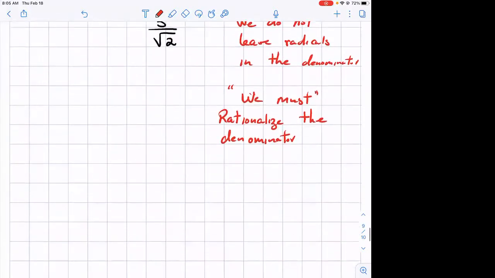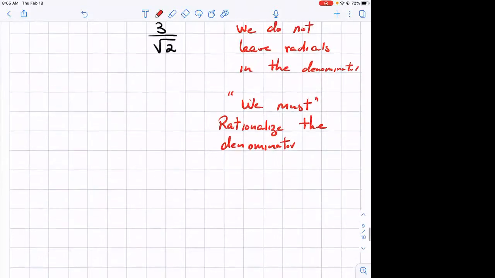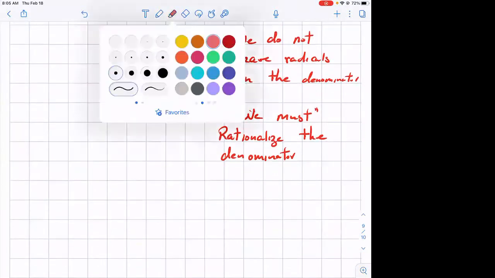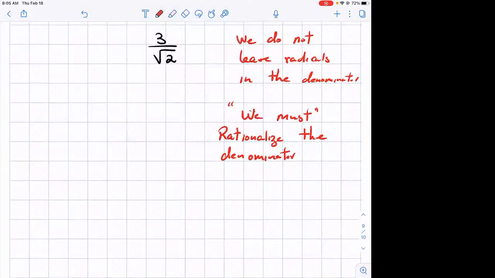And rationalizing the denominator, when it's one term, and over here we have one term, let's rewrite it. So we want to rationalize 3 over the square root of 2. We say rationalize the denominator because we're trying to get rid of the root from the denominator.